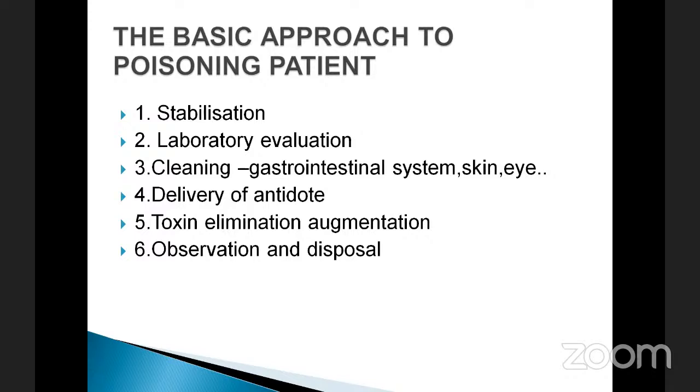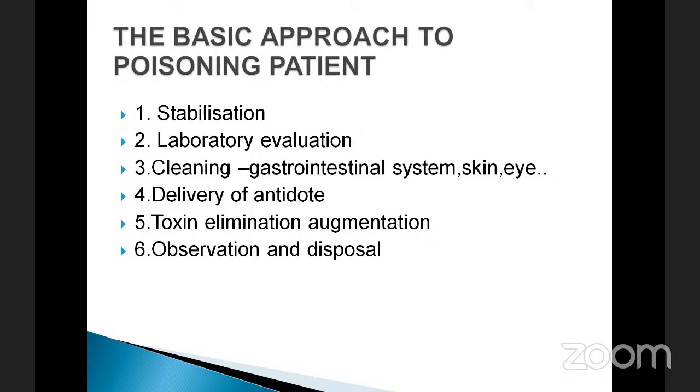The airway should be secured even in moderate to severe poisoning, and hypotension will be managed with fluid resuscitation. And we have to send the required laboratory investigations. Coming to cleaning, it mainly includes the gastrointestinal system, skin, and eye.